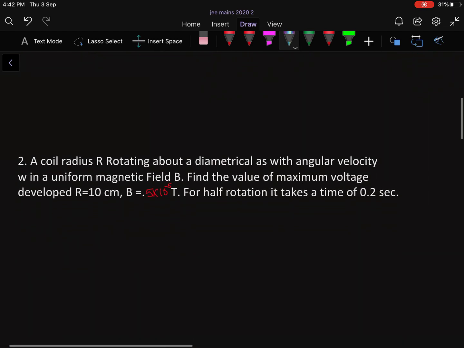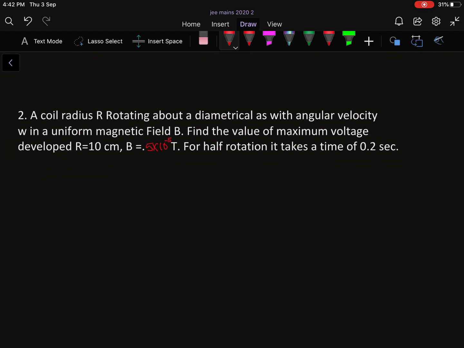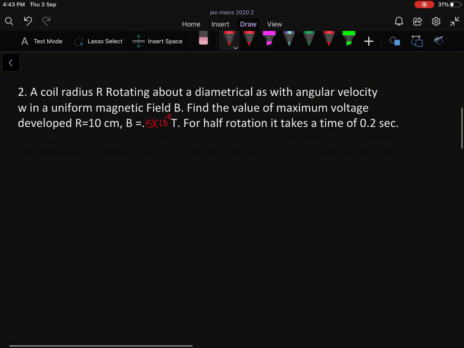Now the next question. A coil of radius r is rotating about a diametrical axis with angular velocity omega in a uniform magnetic field.